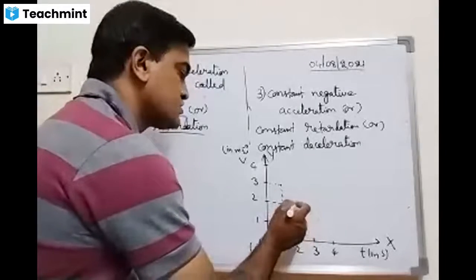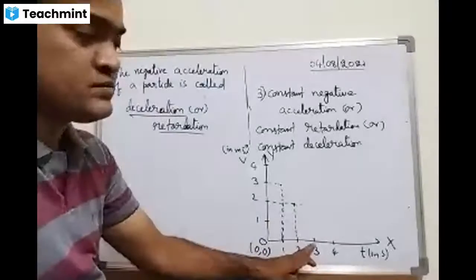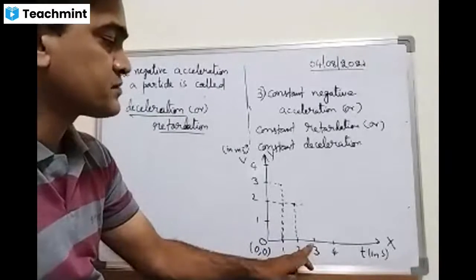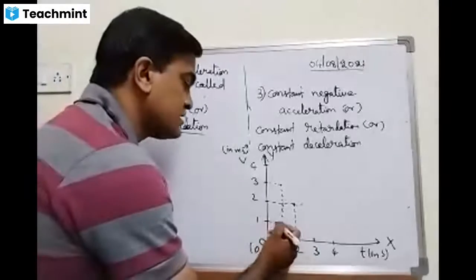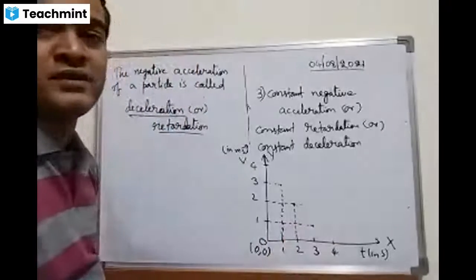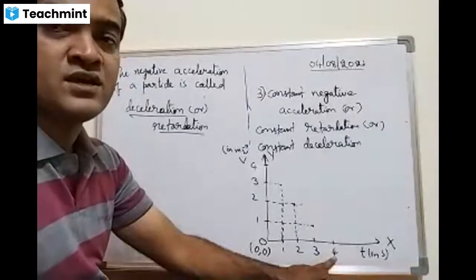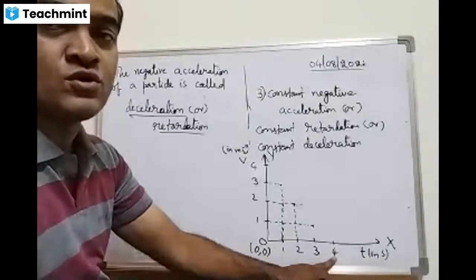At t equal to 3 seconds, the velocity of the particle is 1 meter per second. And finally at t equal to 4 seconds, the velocity of the particle is 0.